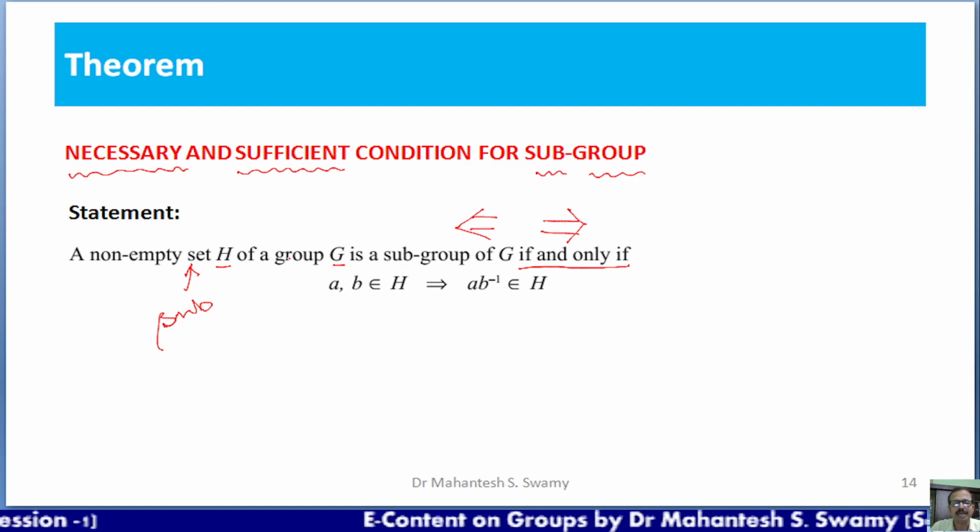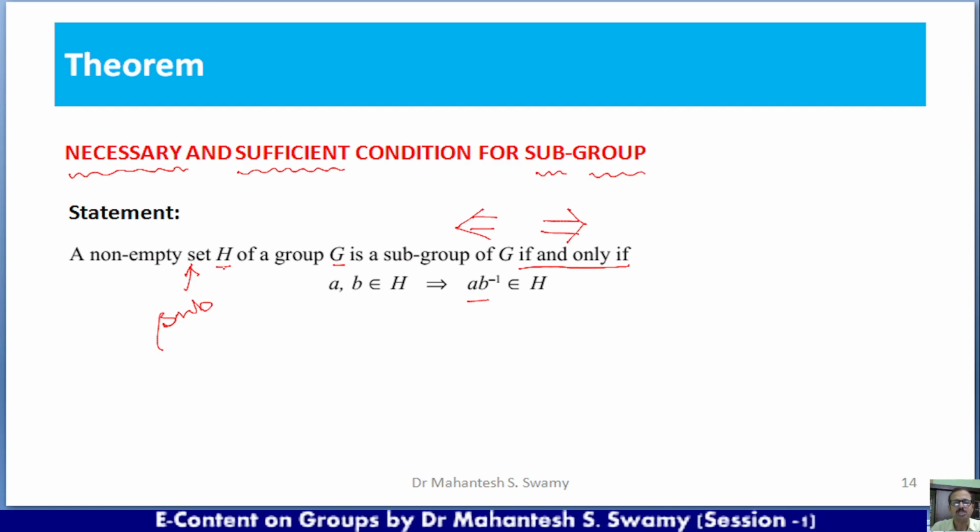H is a subgroup of G if and only if for any two elements a, b belonging to H, a star b inverse, it is not (a b) whole inverse, it is a star b inverse, belongs to H. So this type of closure property, if it is satisfied, then we say that H is a subgroup.